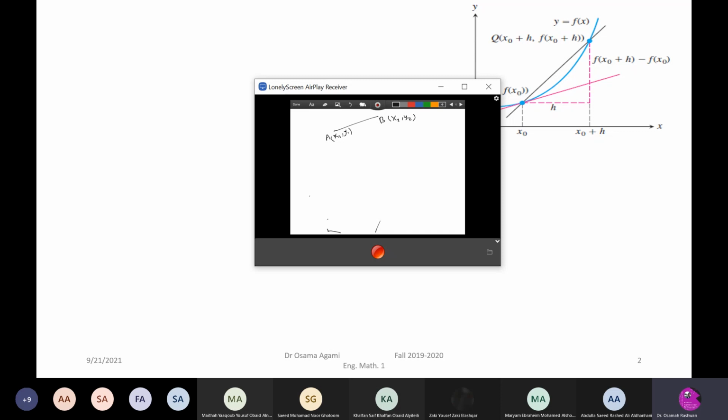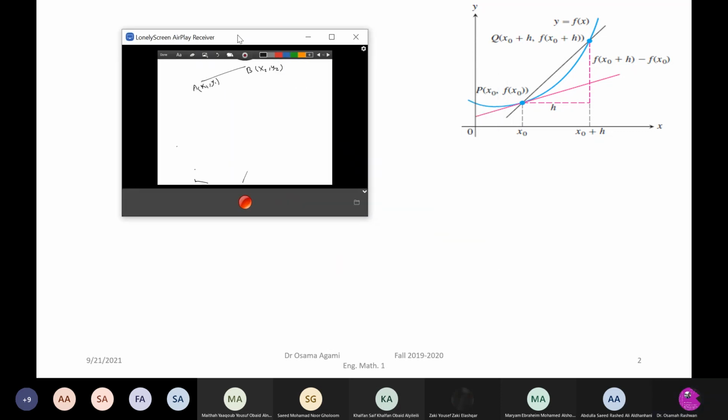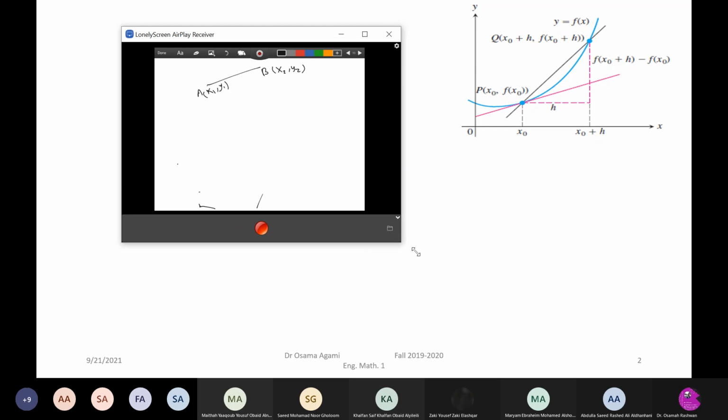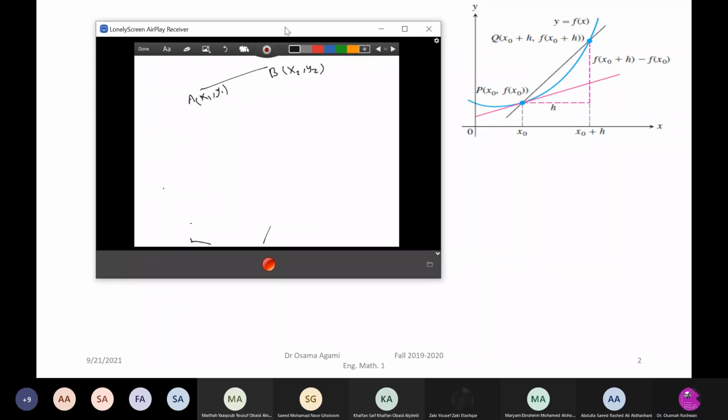What is the slope, guys? Say anything, right, wrong, it doesn't matter. y2 minus y1 over x2 minus x1.